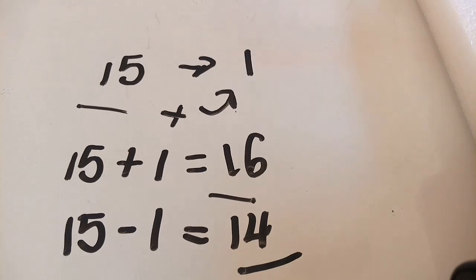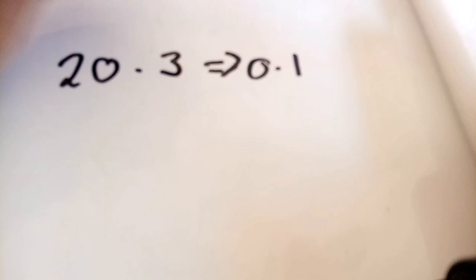This applies to the other values too, where we had 0.1 as our least unit of measurement. When we had 20.3, we said our least unit of measurement was 0.1, right?